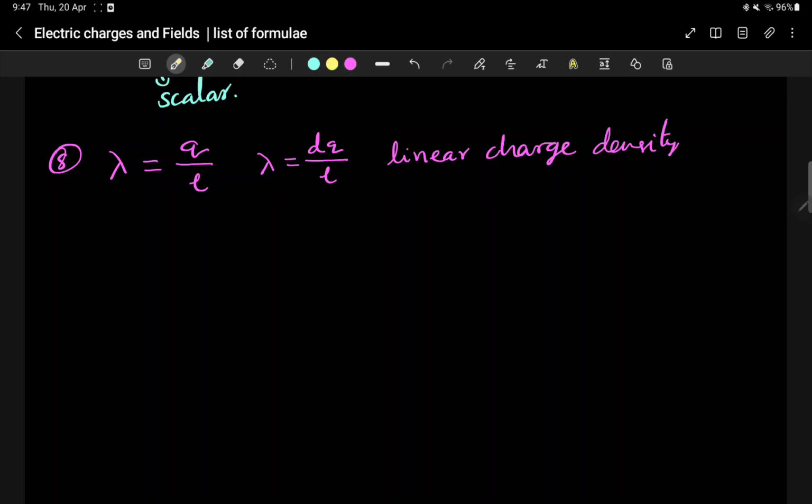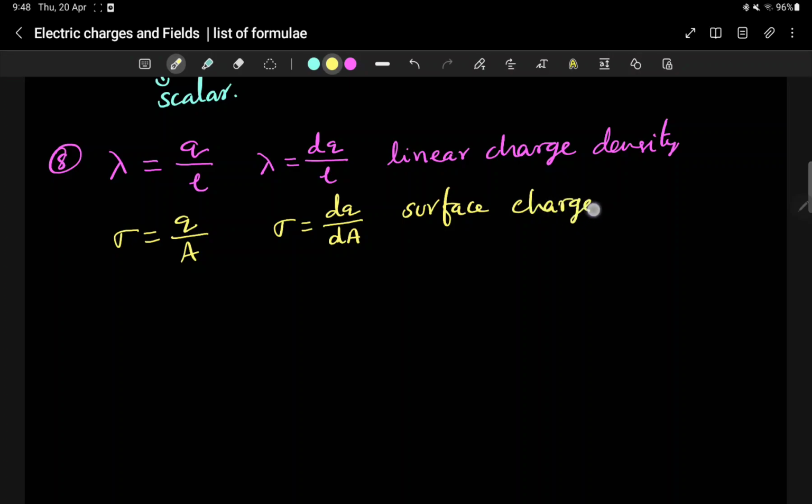Next, the second one, surface charge density, is given by charge per unit area, or dq by dA. This is area charge density, surface charge density.